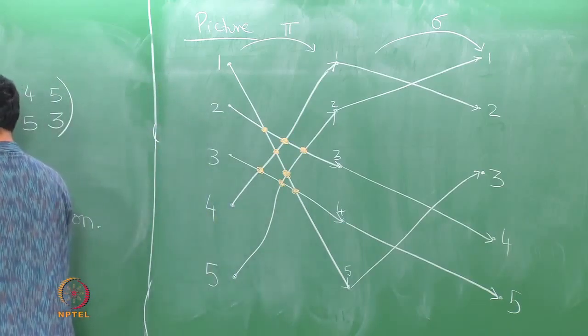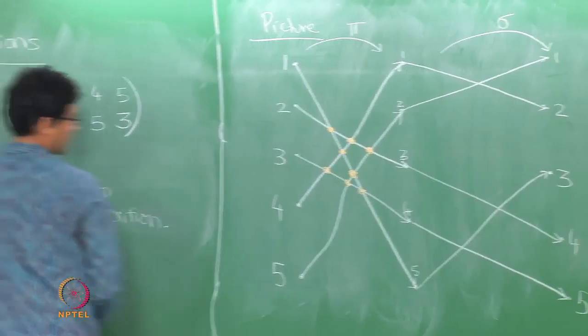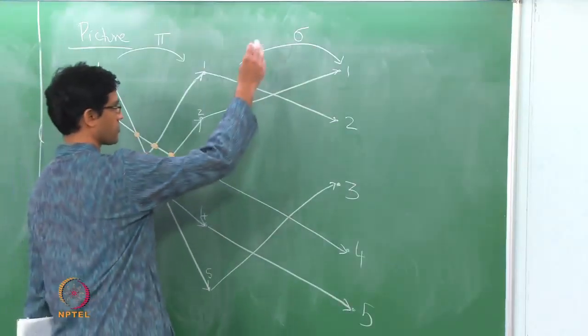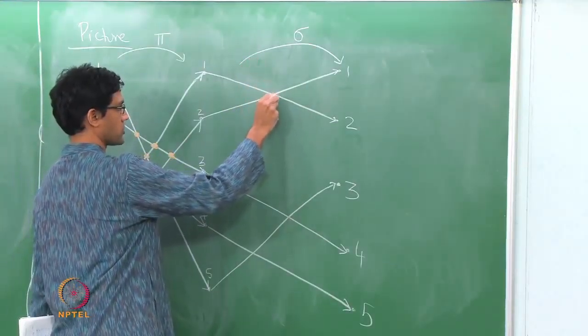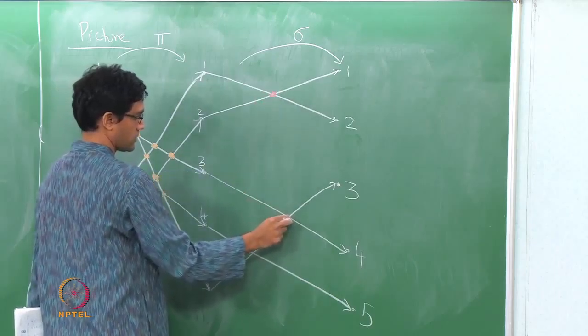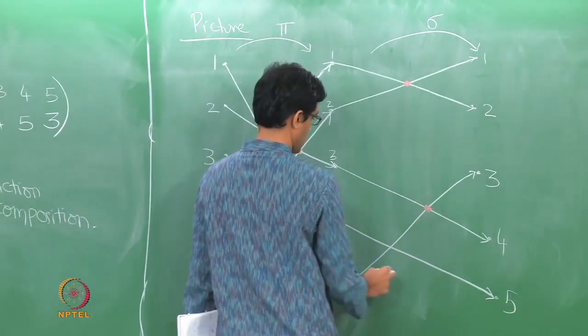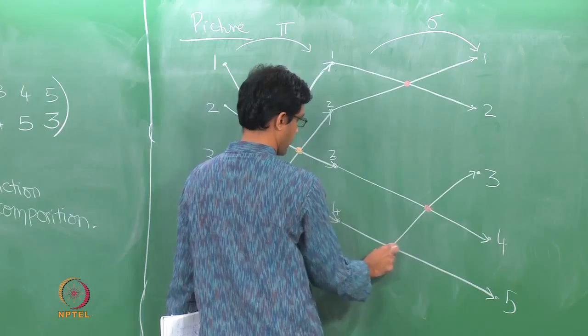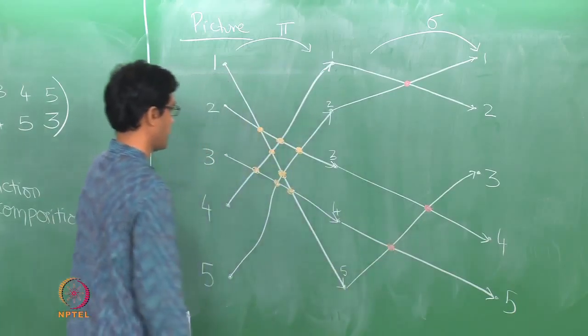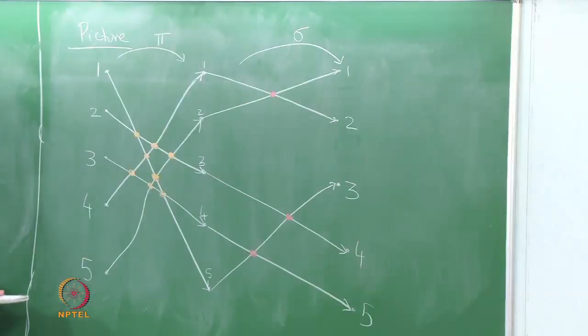Let us use some other color here. How many crossings does the diagram for sigma alone have? Well, here is one crossing, here is another crossing, here is a third crossing. So that seems to be it. There are 3 crossings. Recall pi had 8 crossings and sigma seems to have 3 crossings.